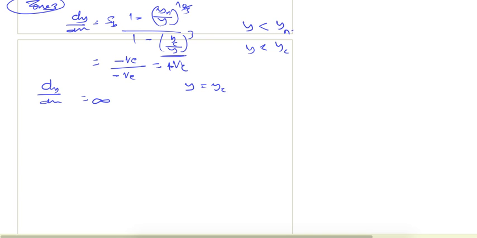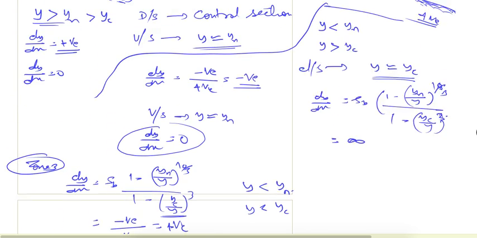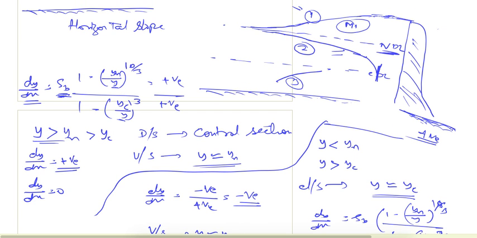From this equation again we can see that if y is equal to yc, then this will be 0 and this will become infinite. So this will meet the CDL again normally.